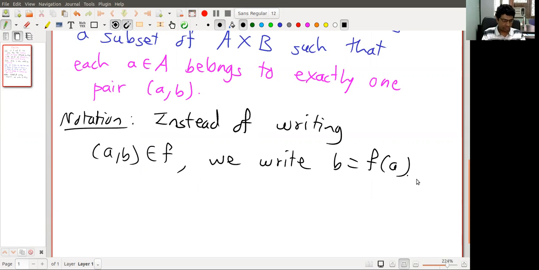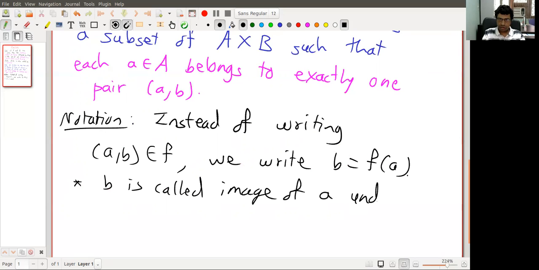So this is a notation. b is called the image of a under f. a is called the domain of function f.